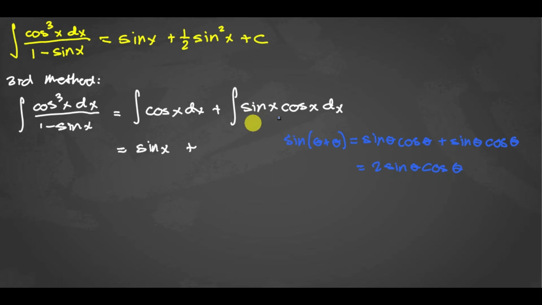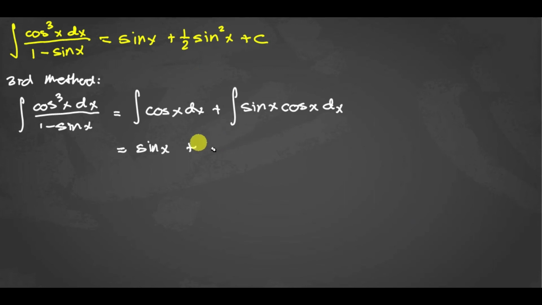Notice that in our original function, there is no numerical coefficient of 2 here. Now, imagine that we multiply both sides by 1/2, then we could say that 1/2 sin 2theta is also equivalent to sin theta cos theta. So we will be using this equivalent form of sin x cos x.